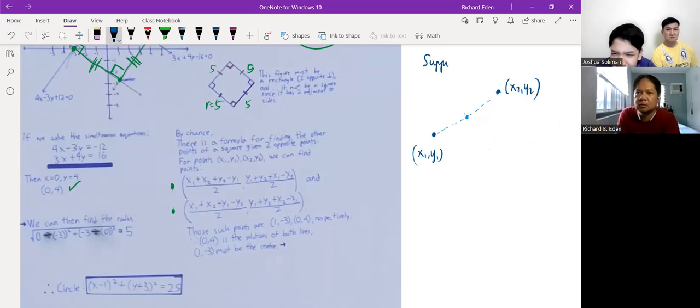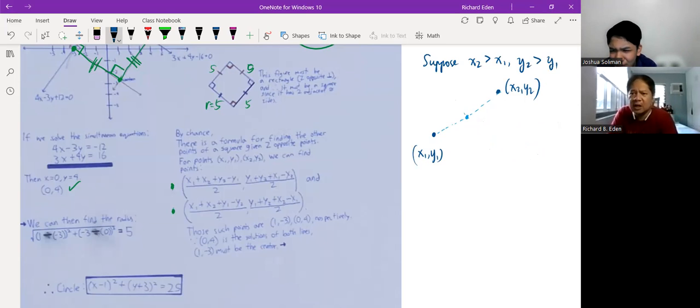Suppose x2 is greater than x1 and y2 is greater than y1. What if y1 is greater than y2? So there will be other cases pa.